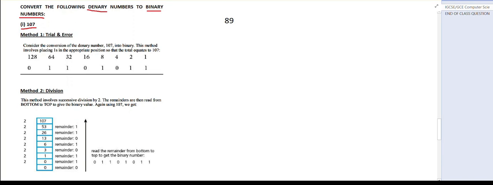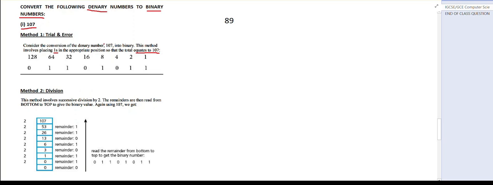Now, we can convert this denary number into a binary number using two methods. The first method is trial and error, right? Now, consider the conversion of the denary number 107 into binary. This method involves placing ones in the appropriate position so that the total equates to 107.